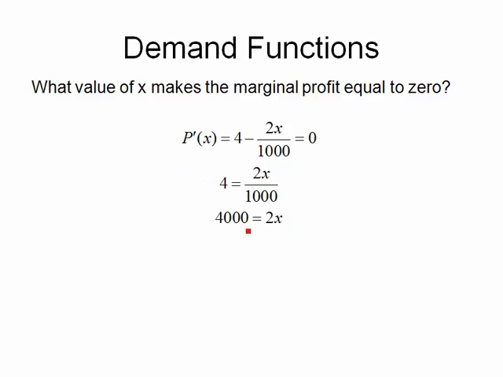That leaves me with 4,000 equals 2x. Now I can divide both sides by 2, and I'm left with x equals 2,000. Marginal profit is equal to 0 at x equals 2,000 units.